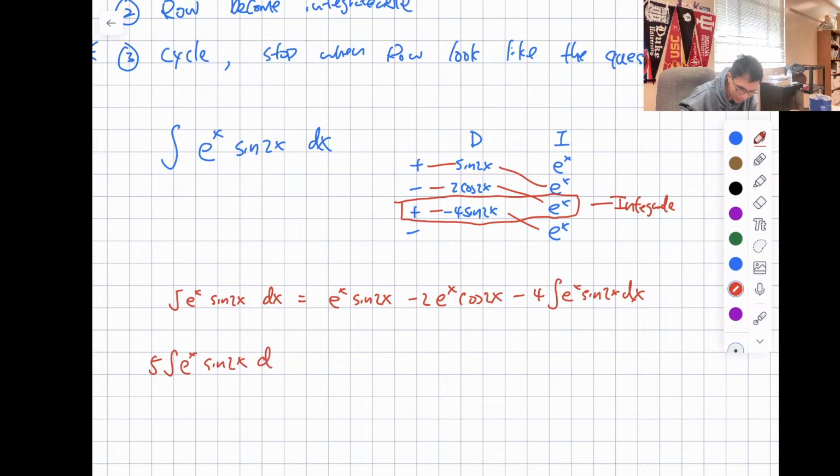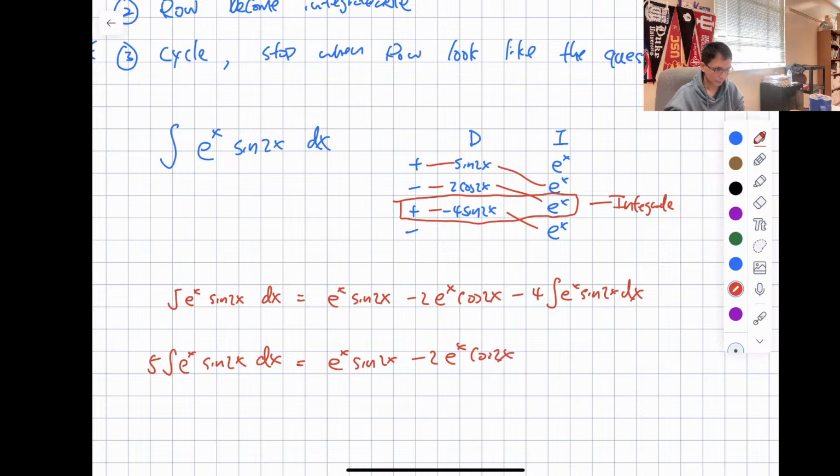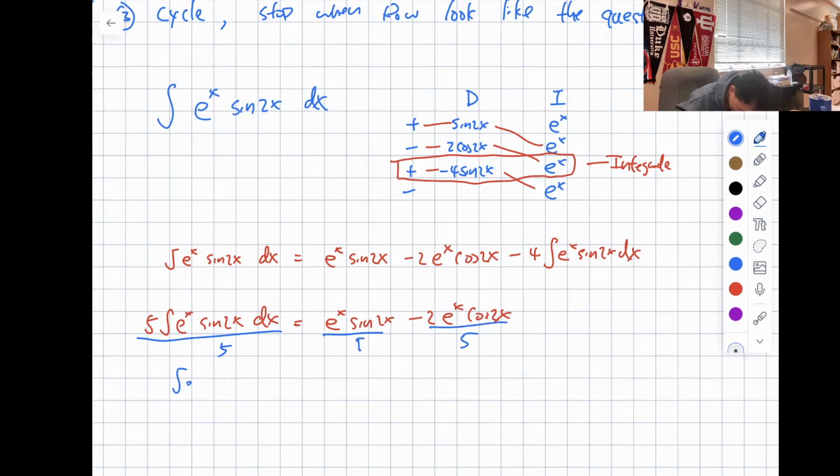Does that make sense? Yeah. And that's equal to e^x sine of 2x minus 2 e^x cosine of 2x. And then can I divide it by 5? Yeah, because it's 4 on one side and 1 on the other. Is that a pretty cool question?